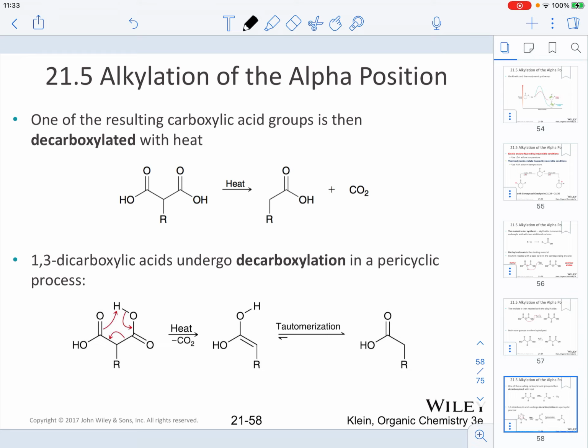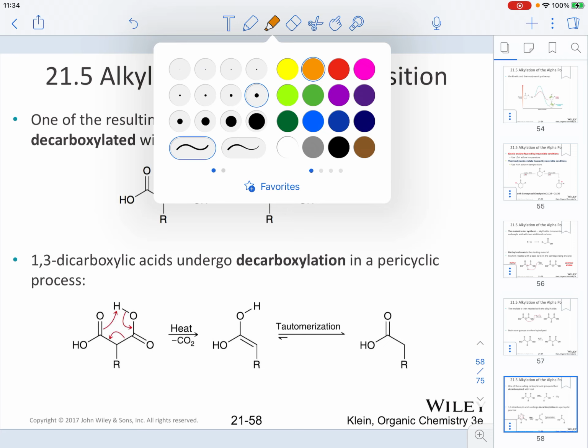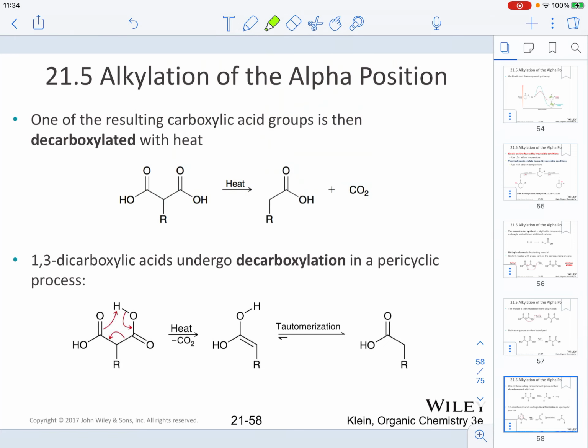Towards the end of this reaction, there are a few more steps. The molecule that changed into the dicarboxylic acid is going to undergo a process of decarboxylation. In this decarboxylation, I'm just going to highlight in green this portion of the molecule.